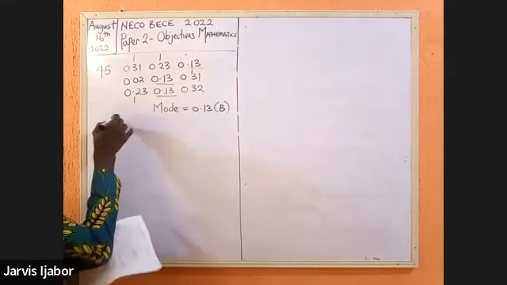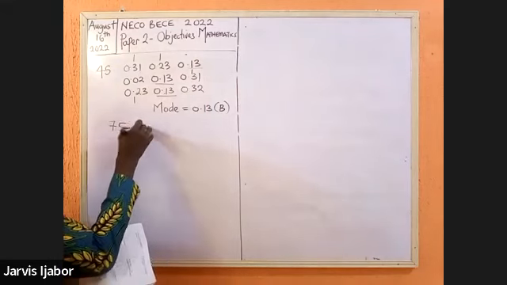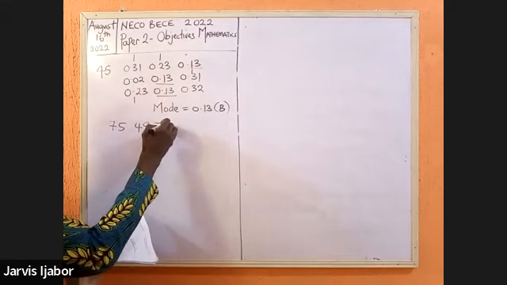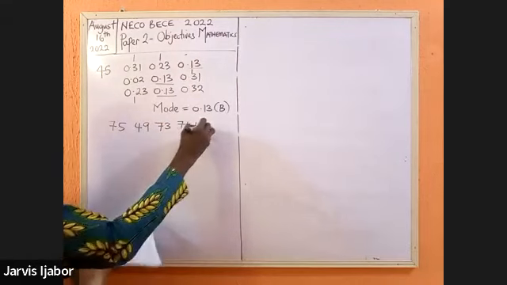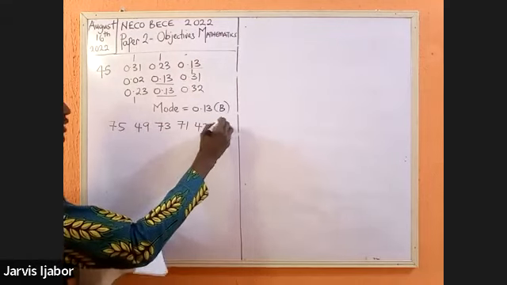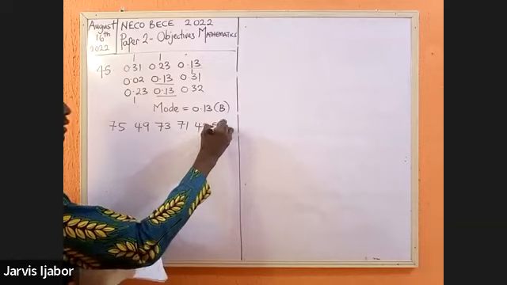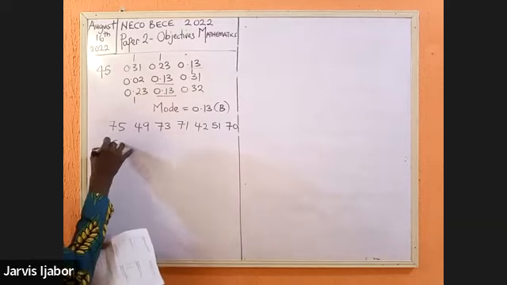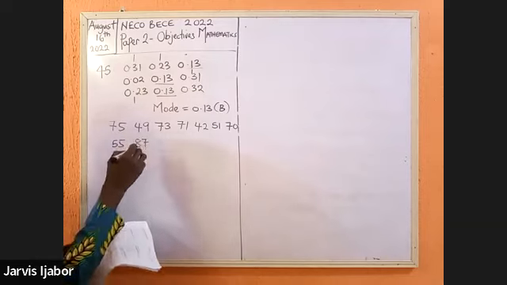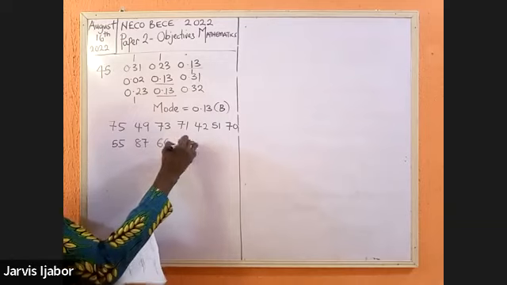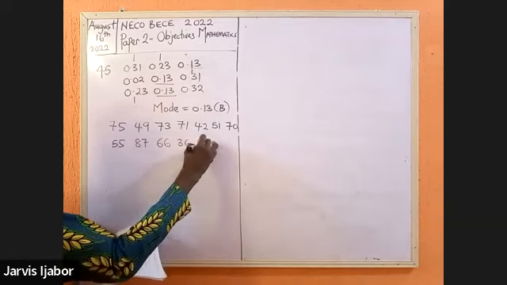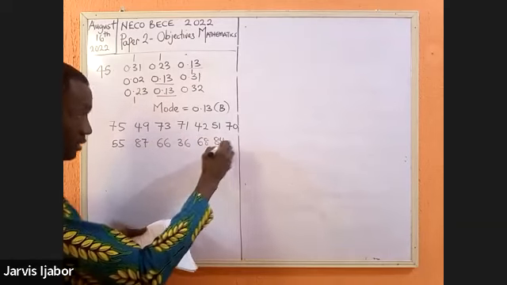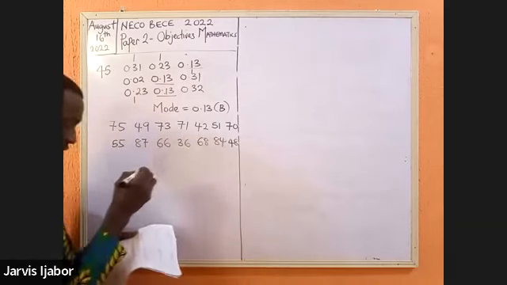We have 75, 49, 73, 71, 42, 50, 51, 70, 55, 87, 66, 36, 68, 84, 48, and finally 38.